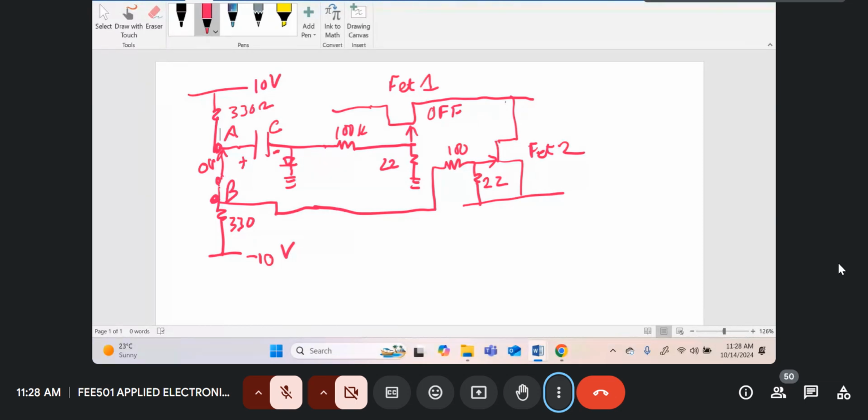Now, what about the bottom transistor? The voltage at the gate, I'm calling it VG2. So VG2 will be equal to how many volts?